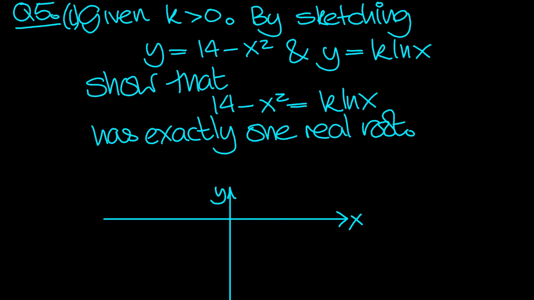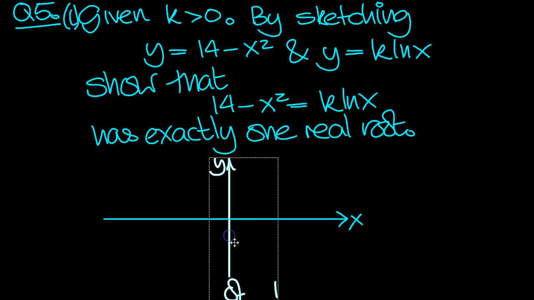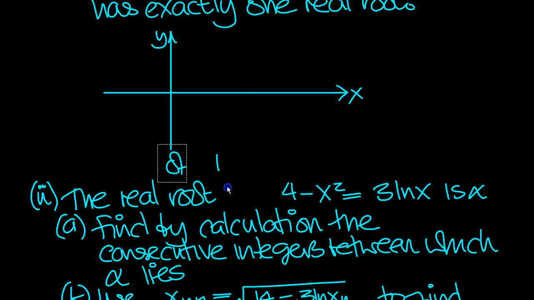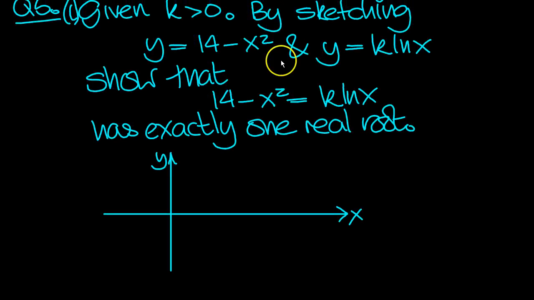Okay, let's just move that up then to here. So we're going to sketch this. Okay, so let's have a look at this then. So y equals 14 minus x squared and y equals k log x for k's positive value.